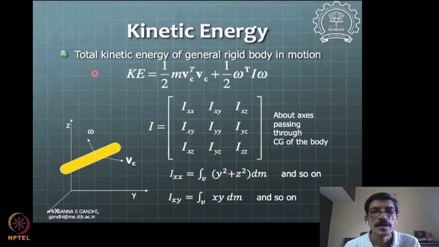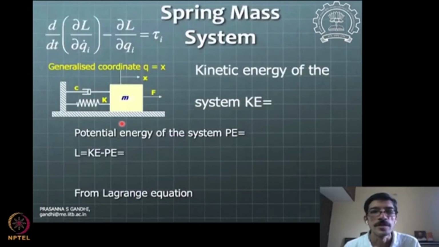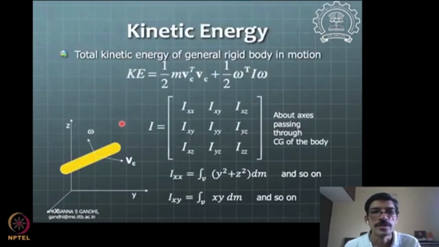Okay, so this is an expression for the general rigid body kinetic energy, and then we can use that in the Lagrangian formulation. So we'll now see the application with some of the systems.